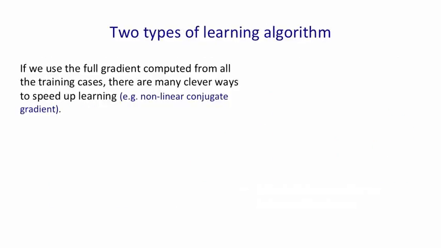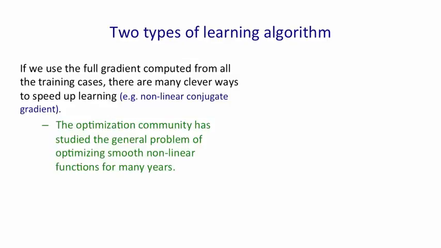So basically there's two types of learning algorithms for neural nets. There's full gradient algorithms, where you compute the gradient from all of the training cases, and once you've done that, there's a lot of clever ways to speed up learning. There's things like nonlinear versions of a method called conjugate gradient. The optimization community has been studying the general problem of how you optimize smooth nonlinear functions for many years.